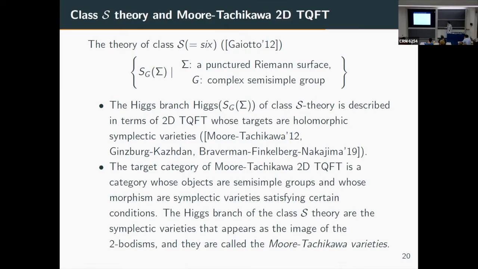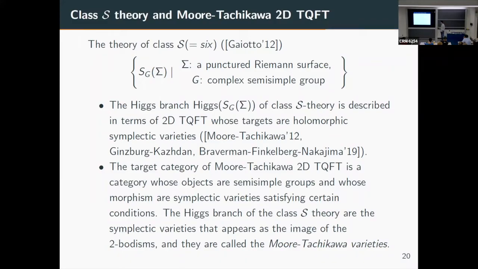The target category of Moore-Tachikawa, so let us call this TQFT the Moore-Tachikawa 2D TQFT, is a category. So I call this a category of symplectic varieties, but their objects are not symplectic varieties, but semi-simple groups corresponding to this flavor symmetry group. And the morphisms are given by symplectic varieties satisfying certain conditions.